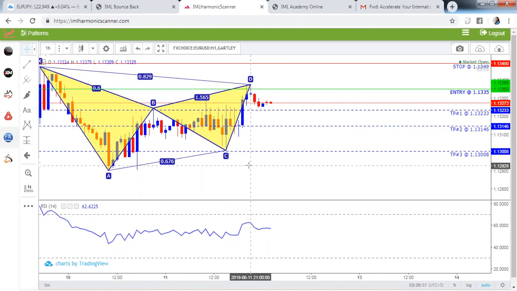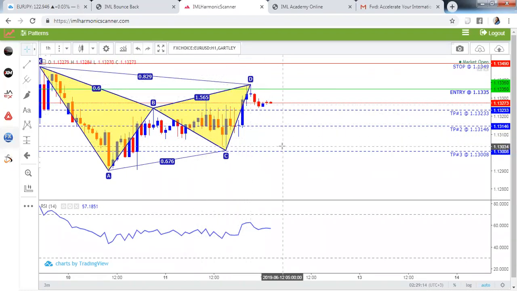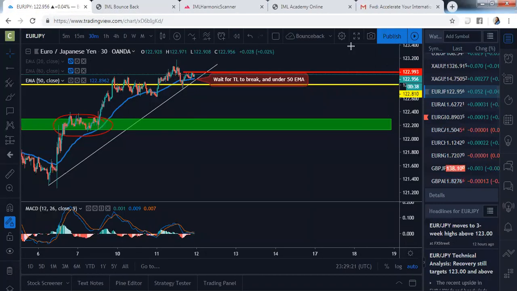When you take this trade over to TradingView, all you need to do is just identify where they're telling you to take your profit, right? So that you can identify the profit points on your TradingView, or just look for structure, right? So this is a sell that we're looking for with the harmonic scanner, right, on the 1 hour time frame.